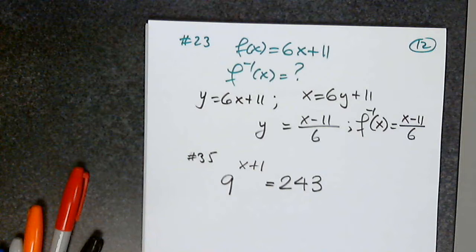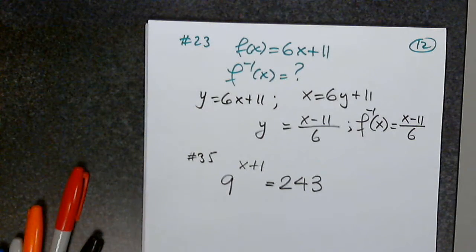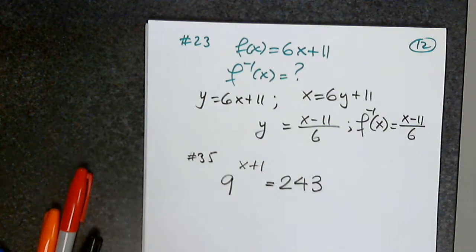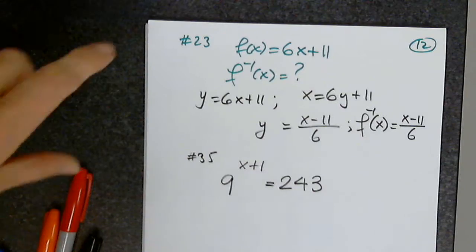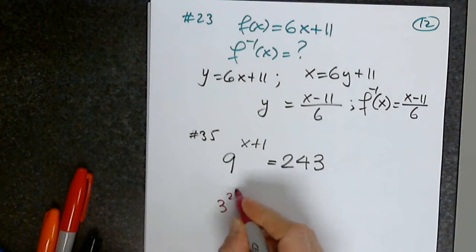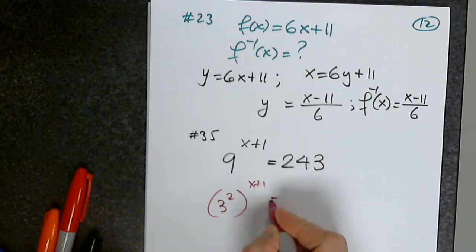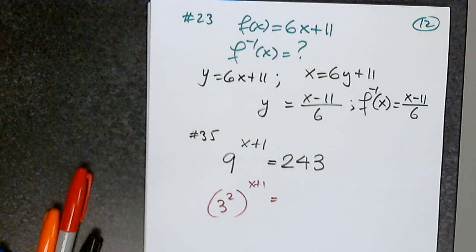Very good. I know the left-hand side can be presented how? Immediately. That's it. 3 squared raised to x plus 1. So then I'm looking for something that will replace 243 with a base of, for sure, 3.